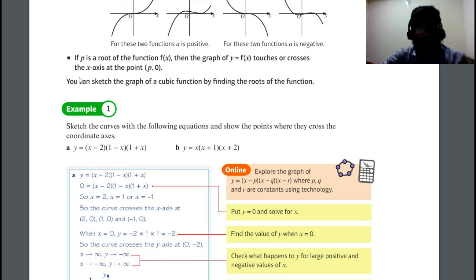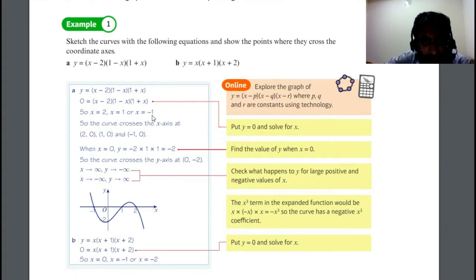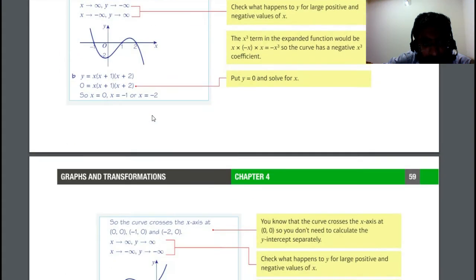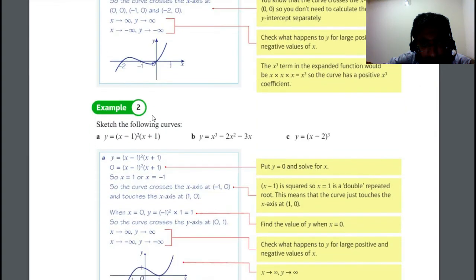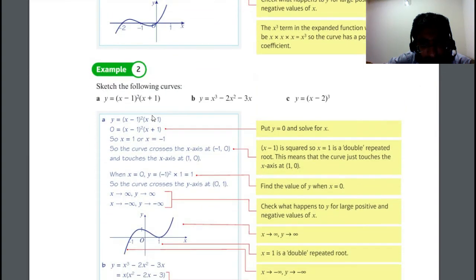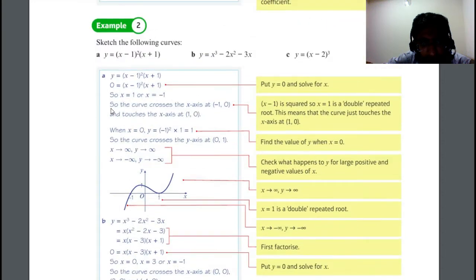It's the same as putting y equal to 0, so the point will be p comma 0. Put y equal to 0 and x equal to 0, and you get the points where it touches the axes.